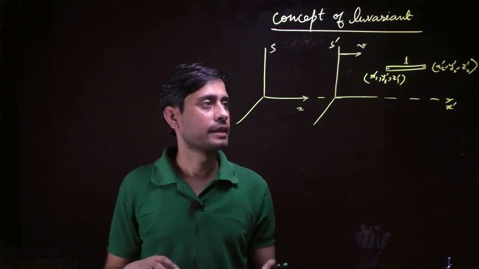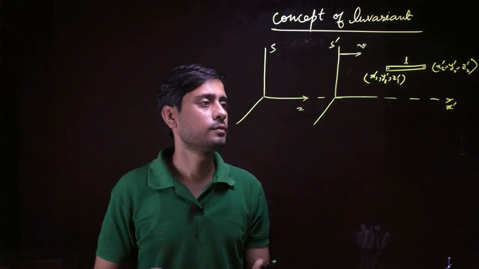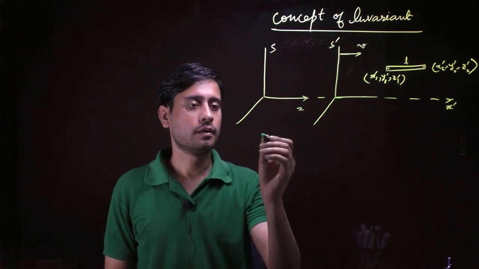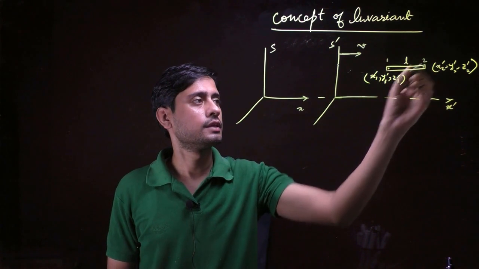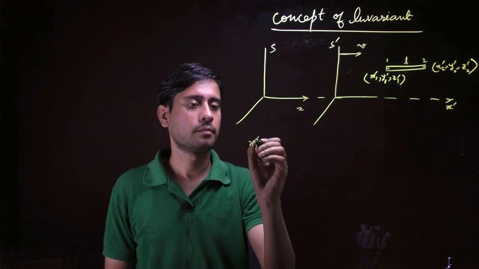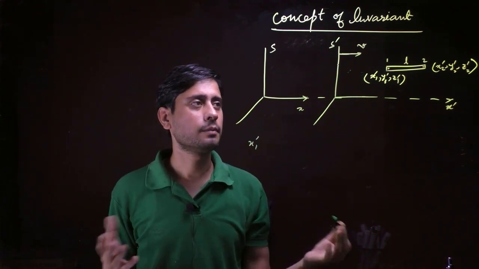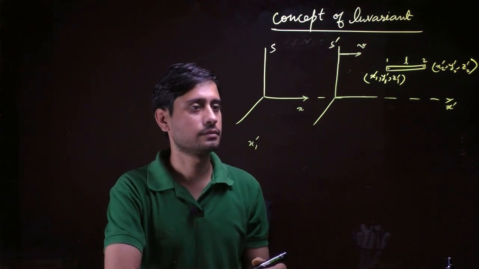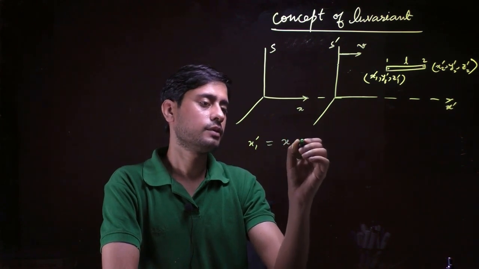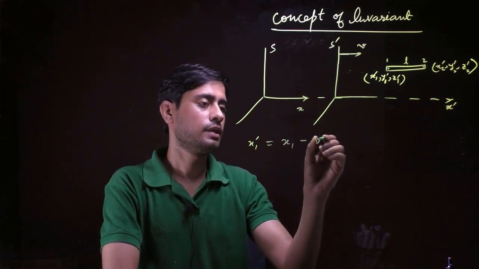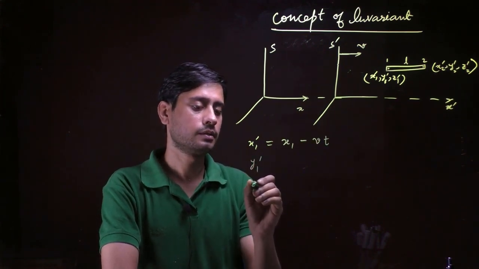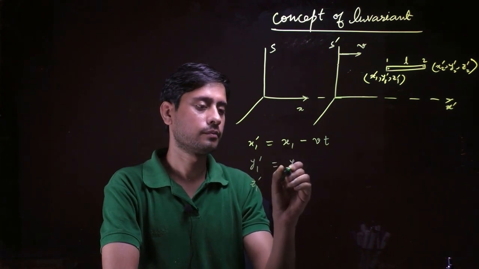If we apply the Galilean transformation equations at the 2 ends, we can write it like this. For the first end, t prime is the same as t. So x1 prime will be equal to x1 minus vt. y1 prime and z1 prime will remain the same.